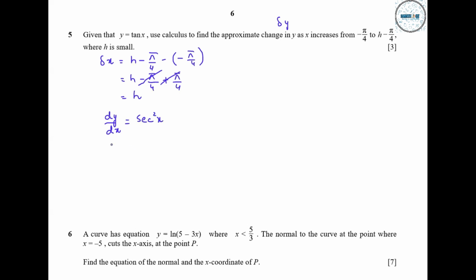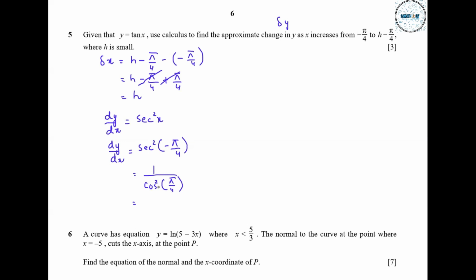So we can substitute the value of x as minus pi upon 4. So we have here sec square minus pi upon 4, which is equal to 1 upon cos square pi upon 4.